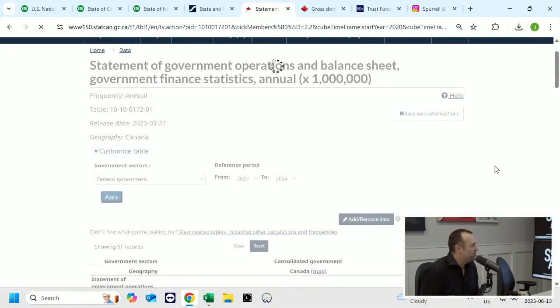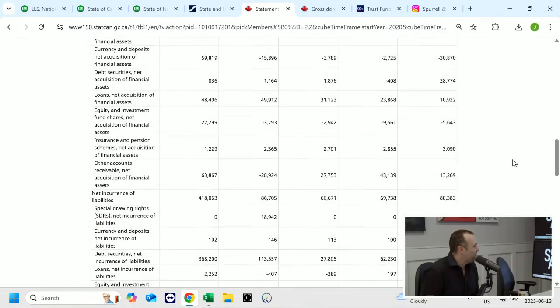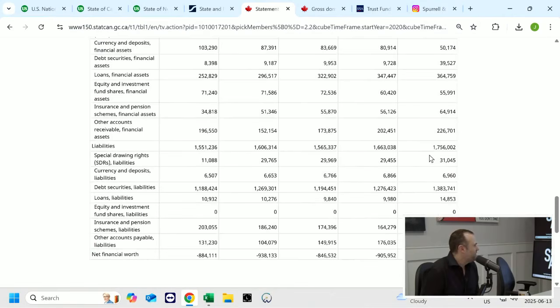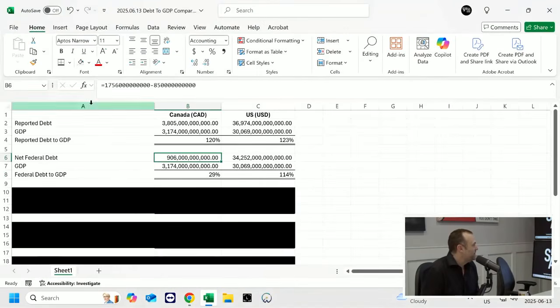When you look at the debt of just the federal government, what you start getting here is debt of $1,756 billion. Okay, so that is the first part in our calculation. But then why do we deduct $850 billion?